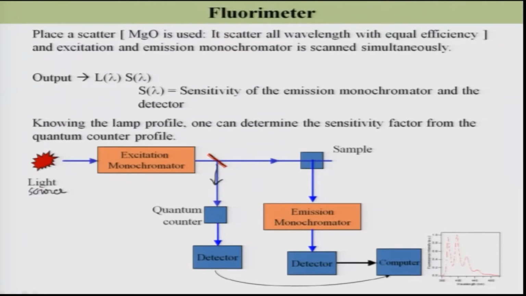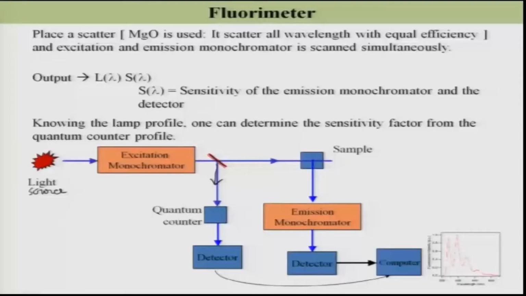I have this quantum counter, that is the choice of a molecule where I want the inner filter effect. No excitation light is passing through and I want to collect the complete emission. There is some arrangement to do that, I will not go into that detail, so that the complete emission is collected and detected by this detector.